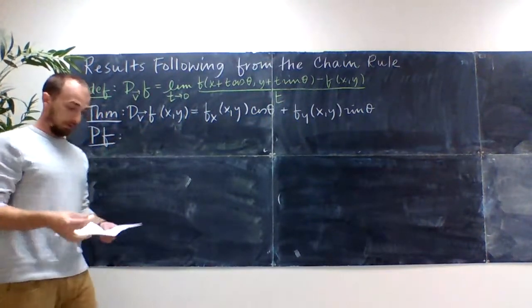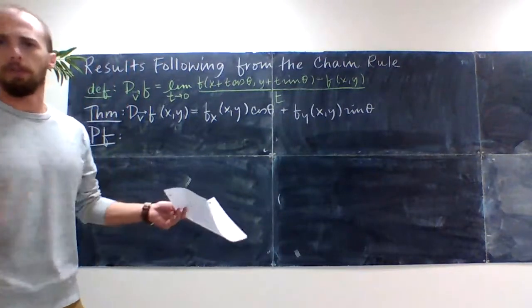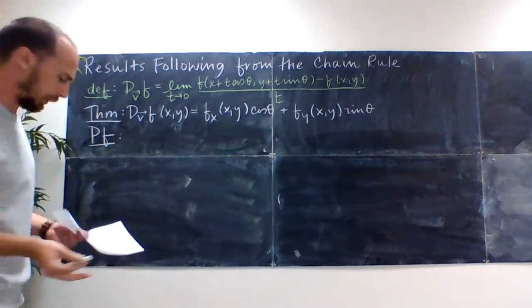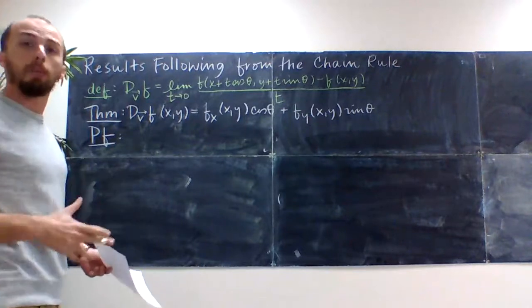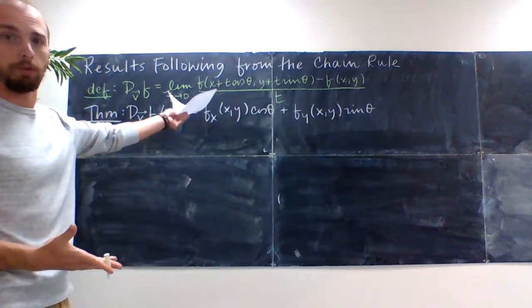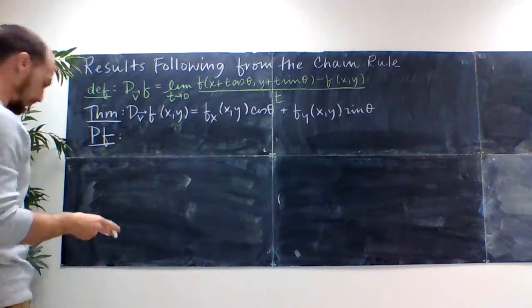Okay, so I'm going to start by supposing that the function f of x and y is differentiable. We're going to need that in order to apply the chain rule, since this result follows from the chain rule, so I'm hoping to apply this.